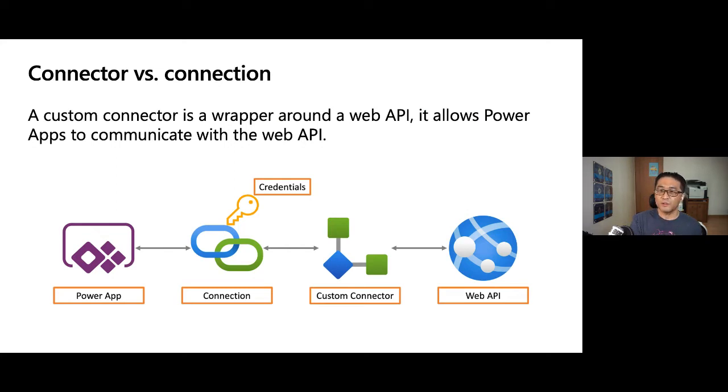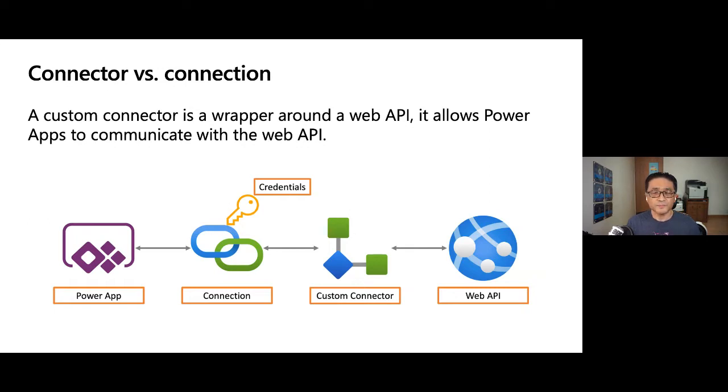While you are building a custom connector, you may have heard of connections. There are a bunch of icons here. A custom connector is the wrapper around the web API, which we just created from API Management. It allows Power Apps to communicate with the web API. The connector knows where the API location is and what sort of operations we can do.